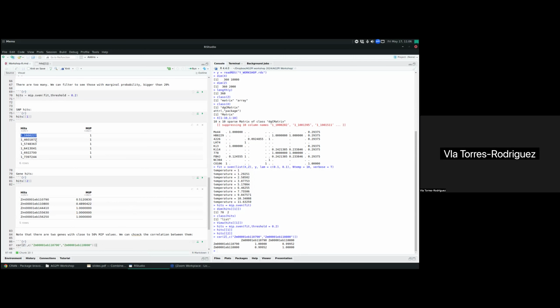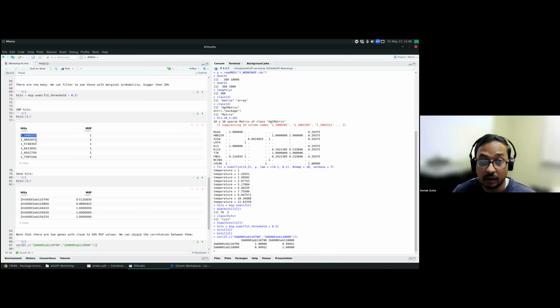Hi, Samak. I have a question related to that. So in the combined TWAS, should we expect more SNPs or genes associated with any trait than if we run separate individual GWAS and TWAS? Am I right? Okay, that's a very good question.